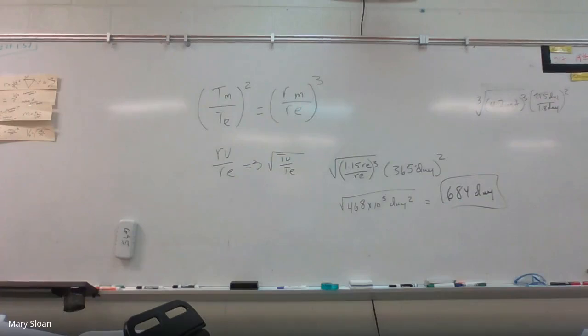Well, the problem that you have up here is you have to do the multiplication first before you do the square root. That's the reason why I broke it into 2 steps. Okay, so let me get that right. You got the square root of 1.15, and then you got that cubed, and then you got that times 365 squared.